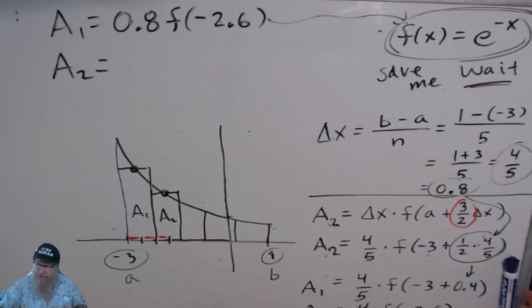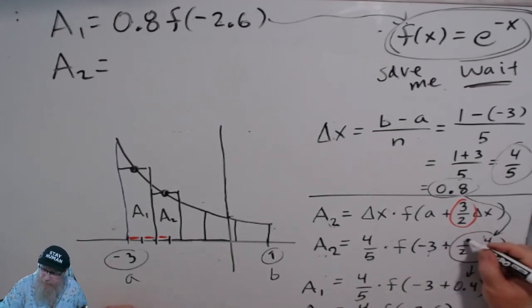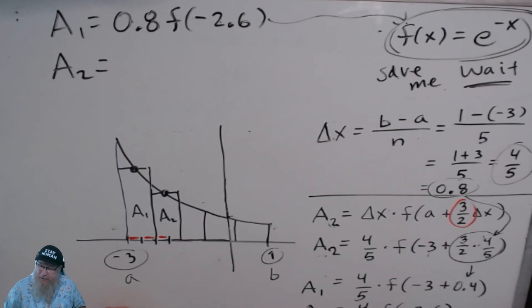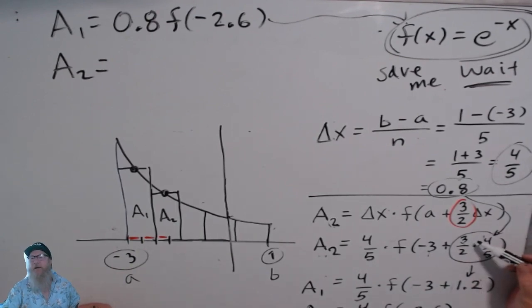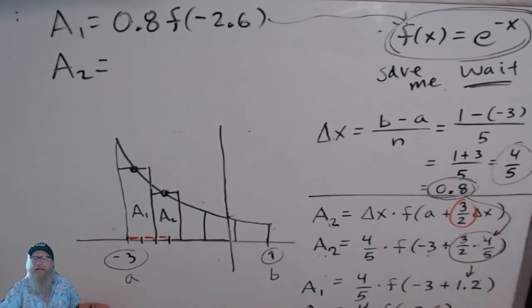So 3/2 of 4/5 is 1.2. If you don't believe me, put it in your calculator. 3/2 is 1.5. 4/5, we already said, is 0.8.